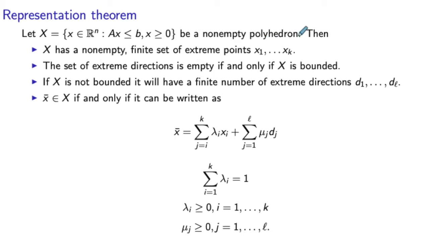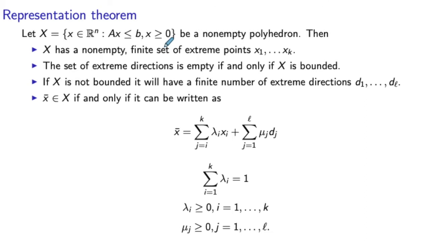Alright, then we have the following statements. X has a non-empty finite set of extreme points given by x1 through xk. So why is it true? First of all, the set is non-empty, right? And then we also have the non-negativity constraints, which imply that this polyhedral set does not contain a line.